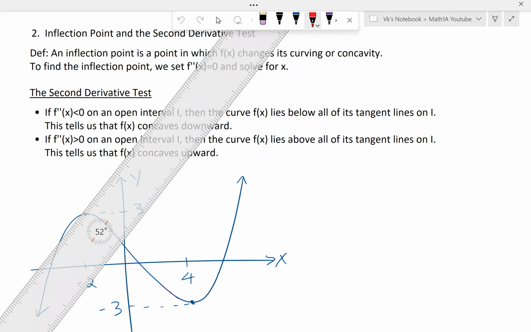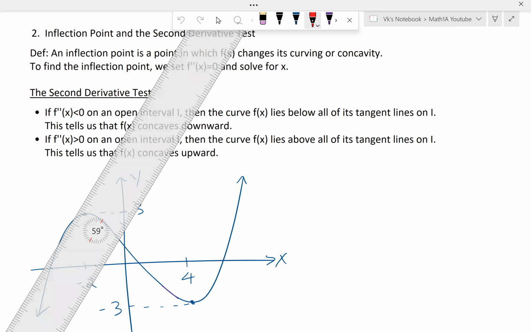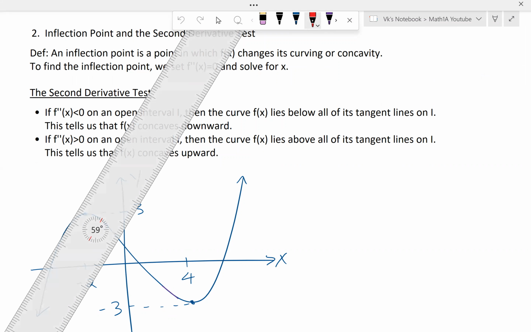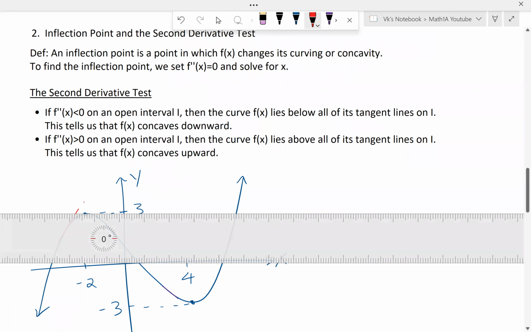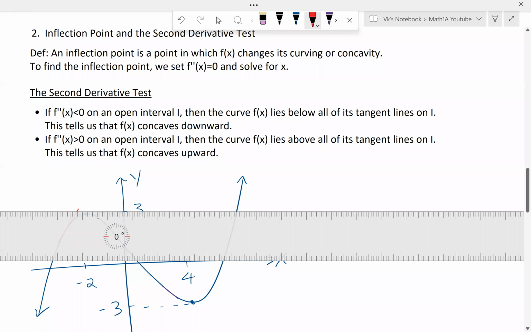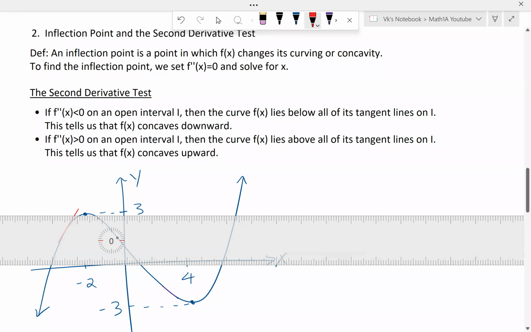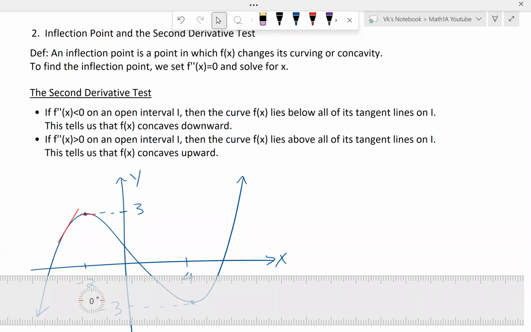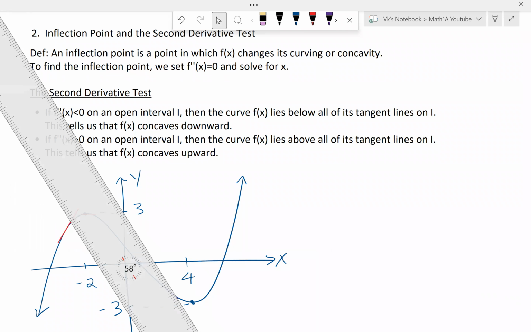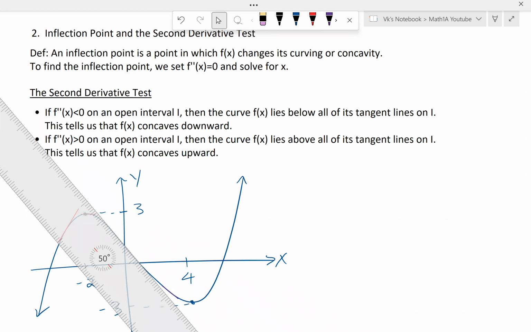So we say that, oh, look at this here. That is the tangent line right here. Sketch another one. And right here.